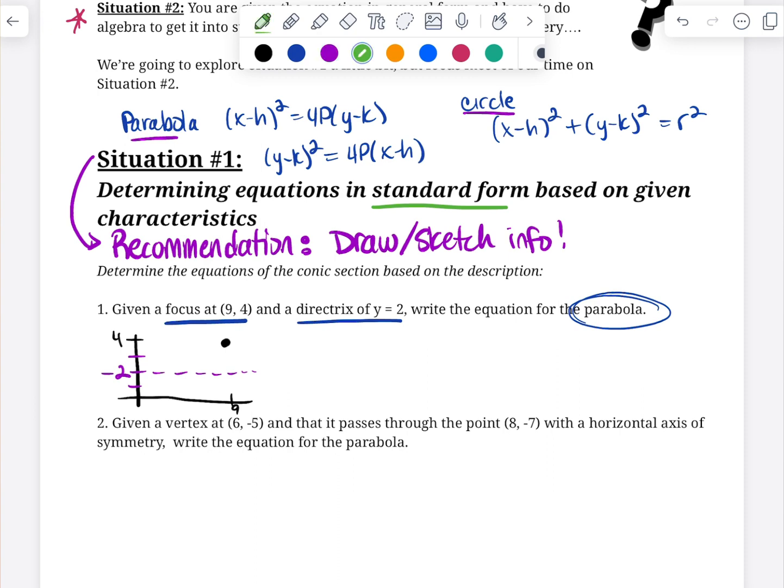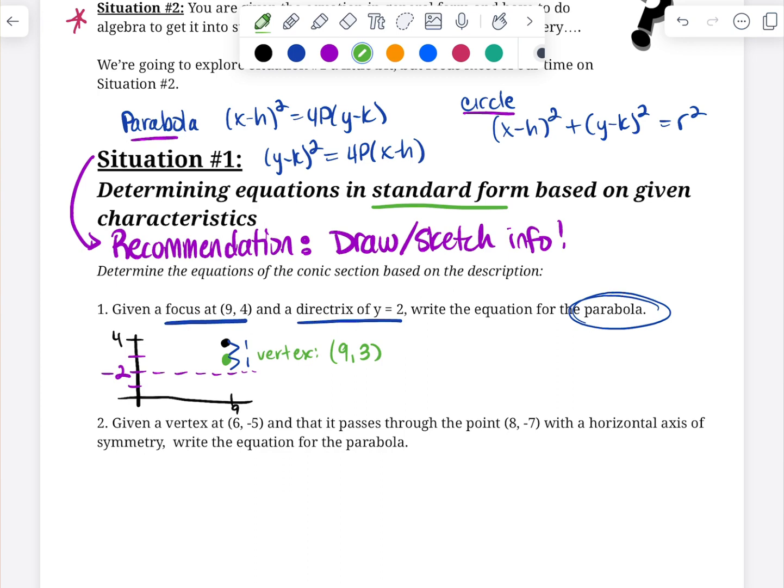Well, the first thing you know is that the vertex is somewhere in between, and it has to be equidistant. So if we're going from 2 to 4 to make it equidistant, that distance has to be 1 in either direction. So that means the vertex must be smack dab in the middle at (9, 3).